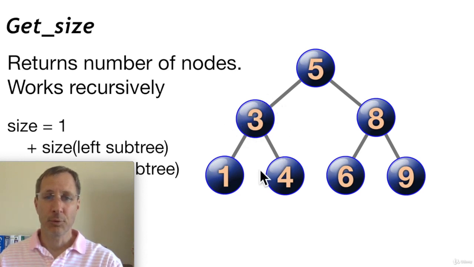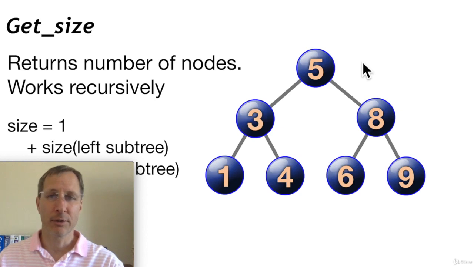The size of the 3 subtree is 1 plus the size of 3's left plus the size of 3's right subtrees. So we call the get size function recursively as we descend down the tree, and eventually we get down to leaf nodes and return a 1. Oh yeah, this is a leaf node, size equals 1. And so all those 1s get added back up as we retreat back up the call stack.